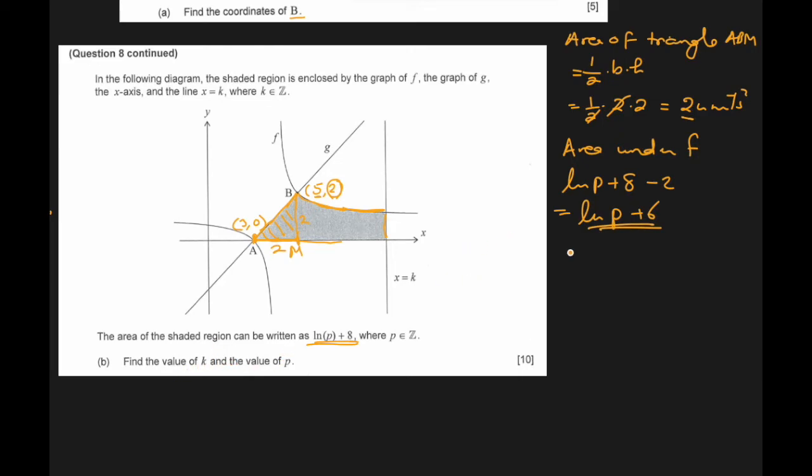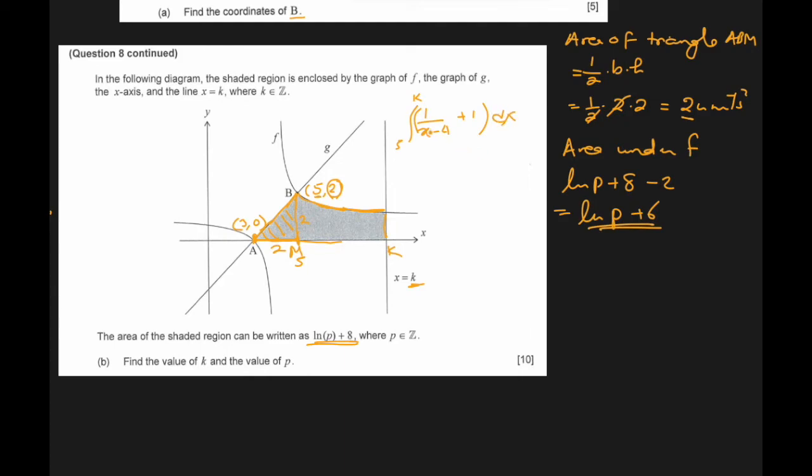To find the area under f, we have to integrate it. To find the area under any curve, we have to integrate it. So let me integrate here. We want to integrate from 5, where x is 5, to k, where x is k. They have given k here. So from 5 to k, we integrate 1 over x minus 4, plus 1. This was f.